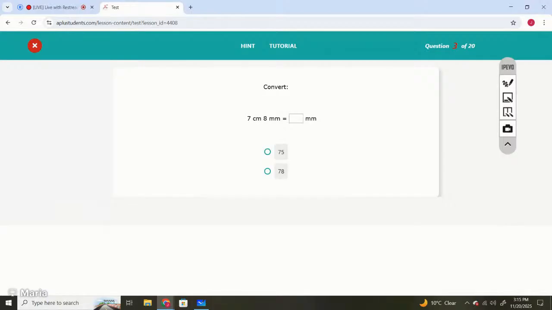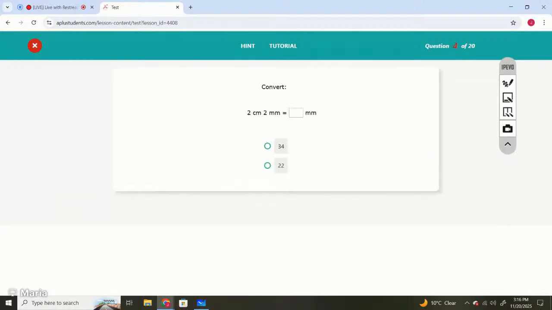7 centimeters and 8 millimeters. So which is the correct option? That is 78 millimeters.